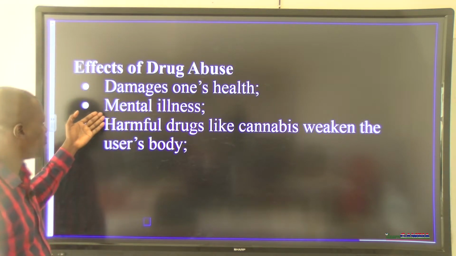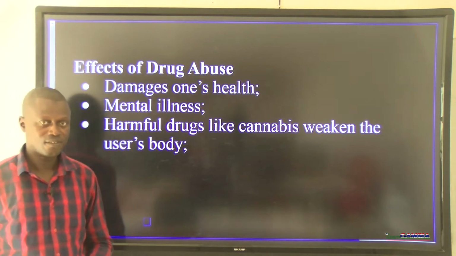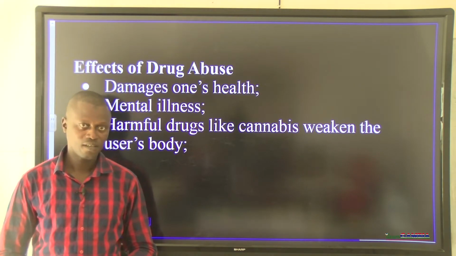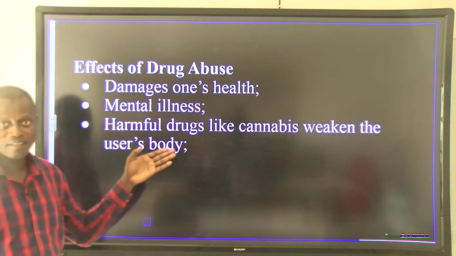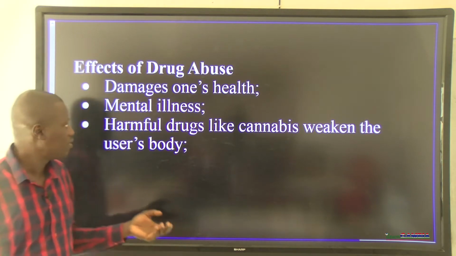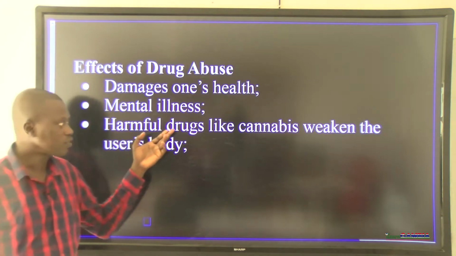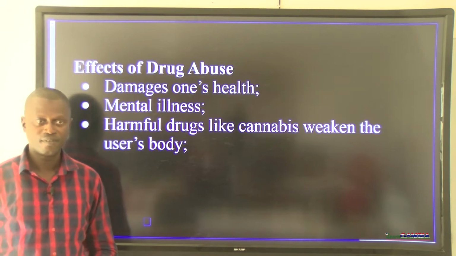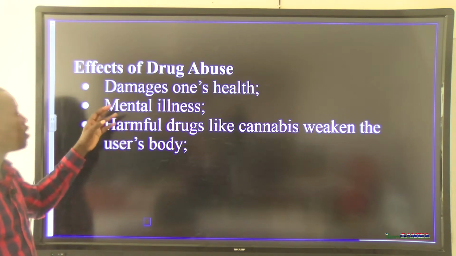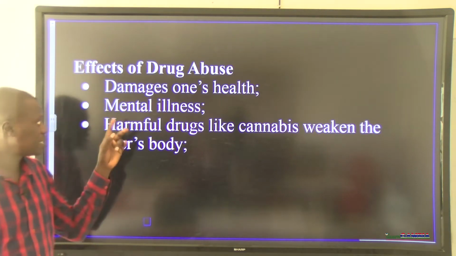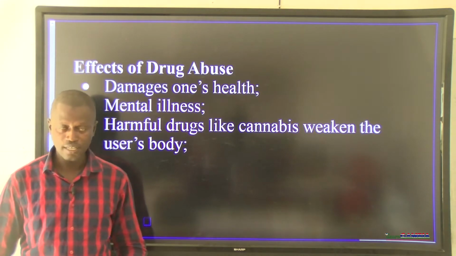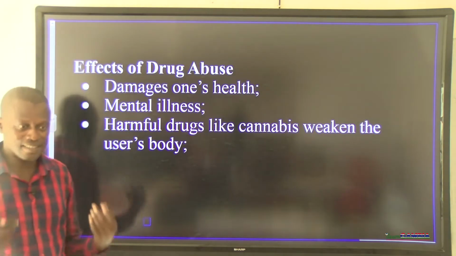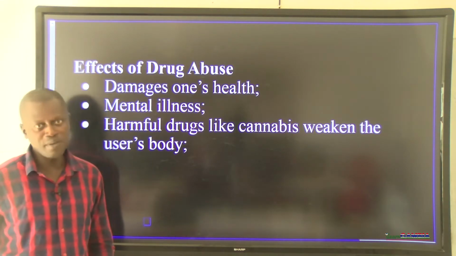Another effect is mental illness. Drug abuse results to mental illness. In this mental illness, the person misbehaves. The person is not doing things as usual. And this is shown in different ways, like I demonstrated before. The way the person talks, the way the person walks, the way the person interacts with friends, with parents, with other members of the communities.